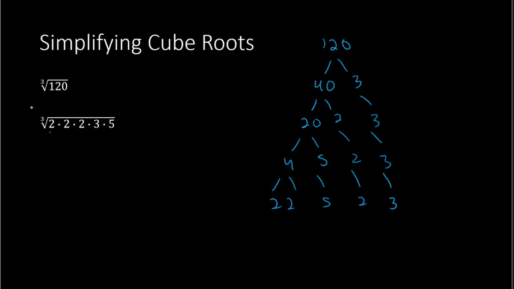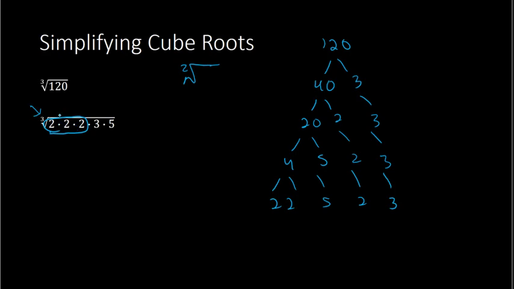And we know that because of the index right here. That 3 means we're finding groups of 3 things. With the square root, remember, there's an assumed 2 here, right? So that's why we're pulling out groups of 2 things for a square root. But for a cube root, we're trying to find groups of 3 items. Here we see 3 2's. So these 3 2's make up one group.